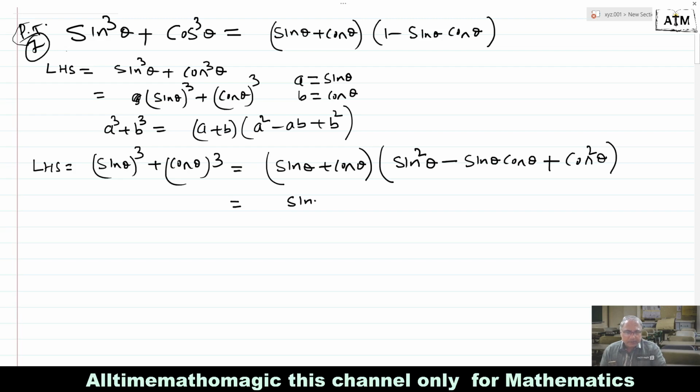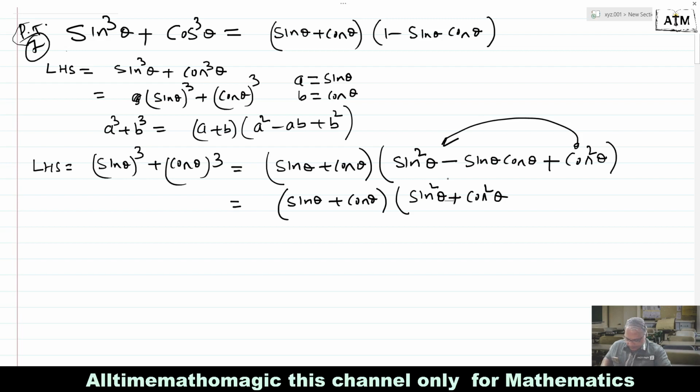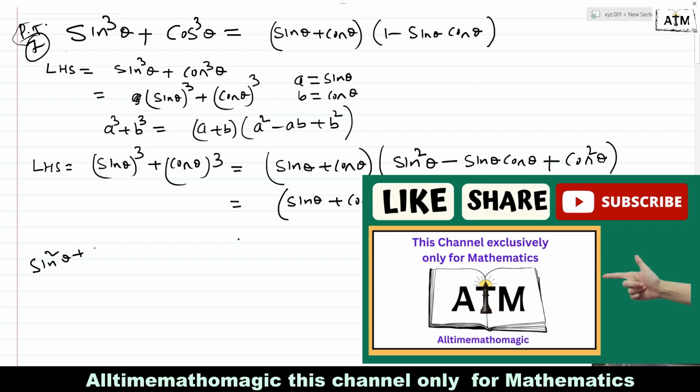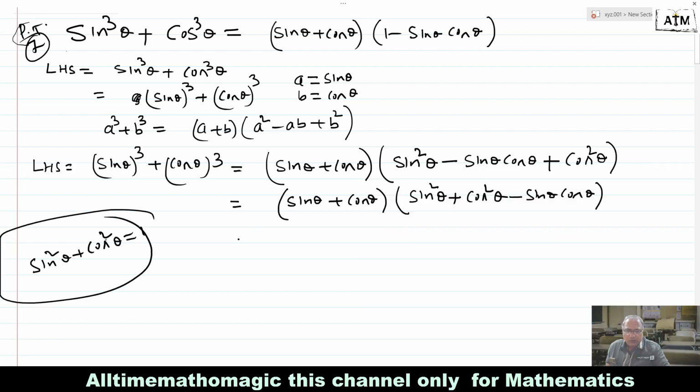Properly writing the second bracket. First bracket we already got. Now in the second bracket we are arranging sin square theta. Near the sin square theta I am writing cos square theta. After that minus sin theta cos theta. And we know that sin square theta plus cos square theta equals 1.